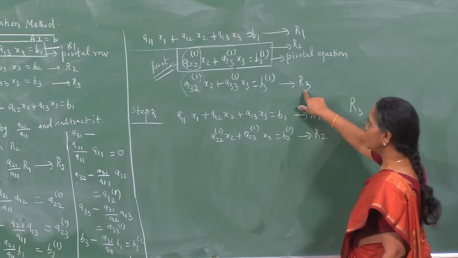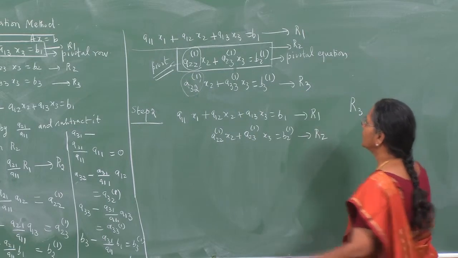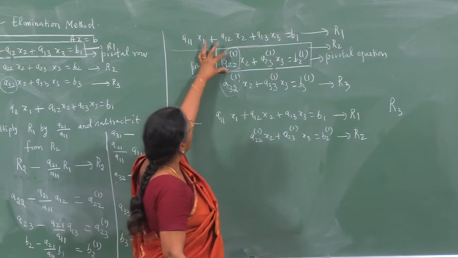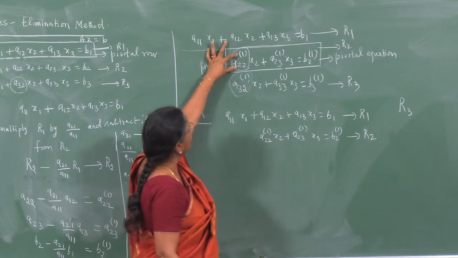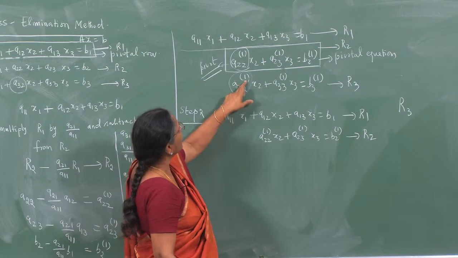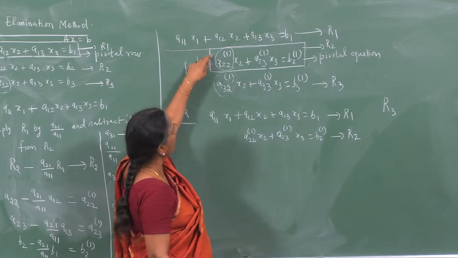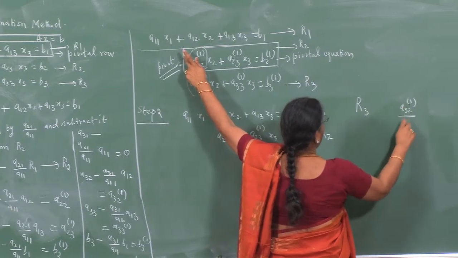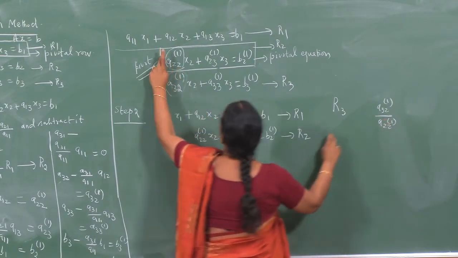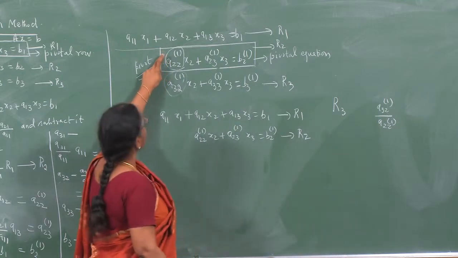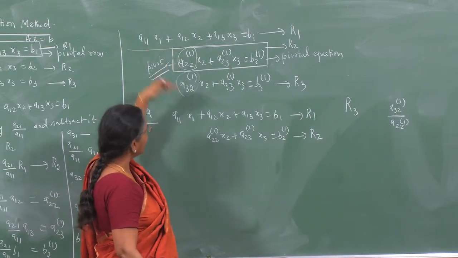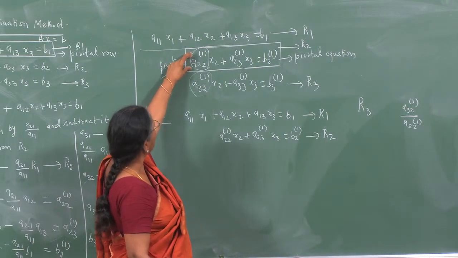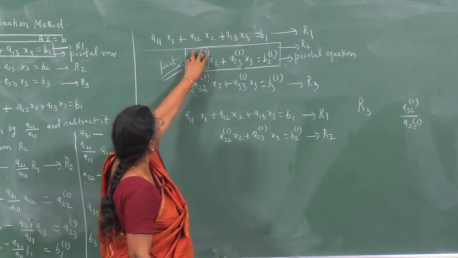My new third equation will be obtained by the following. Multiply the second equation by A321 by A221, and subtract it from the third equation. So, when I multiply this by A321 by A221, I will have A321.